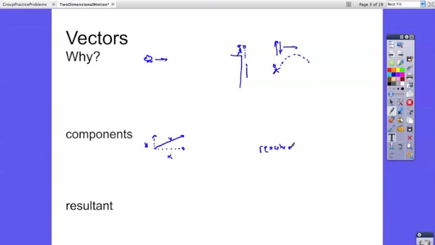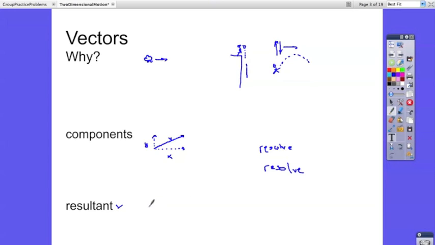I apologize for my handwriting. I am using a different tablet and it's a little more difficult. And that word is resolve, R-E-S-O-L-V-E. Now when we take those component parts and put them back together, add them up, then we get the resultant.